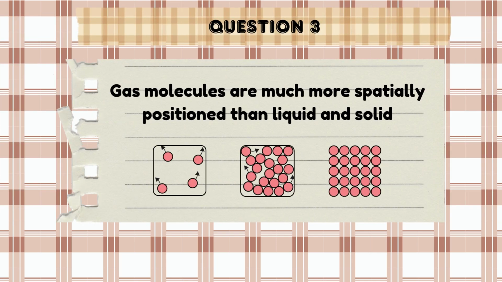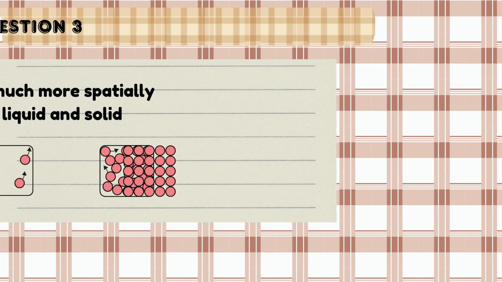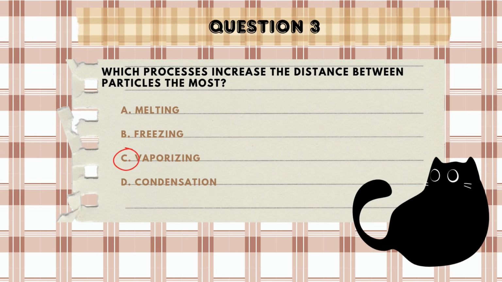Although liquid to gas and solid to liquid both increase the distance between particles, we can see that gas particles are much further away from each other. Although liquid particles are loosely bonded, they are still close to each other while gas particles are freely moving and taking up spaces. So vaporizing is the correct answer.